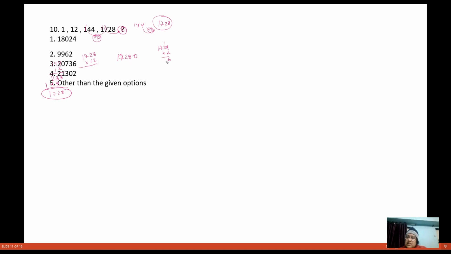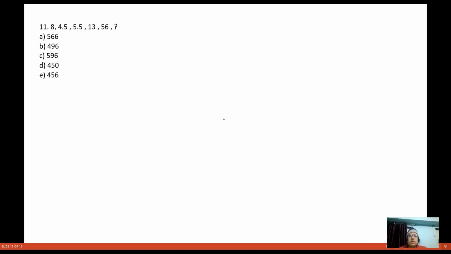So this is 6, this is 4, 5, 14, 1, and this is 3, 4, 5, 6. By now you must have understood that we are going to get this one. Because this is 6, this is 3, this is 7, this is 0, this is 2. So 20736, we are getting 20736.